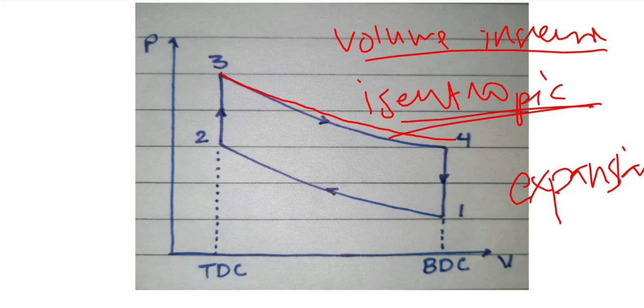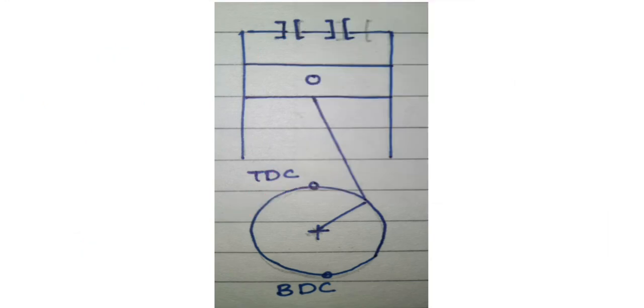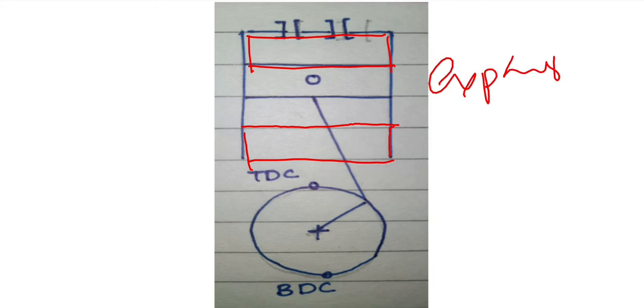And what does the expansion mean from the point of view of the piston? From 2 to 3 the piston was here at the top dead center and the expansion is taking place, so it will come to the bottom dead center. But why does the expansion take place?